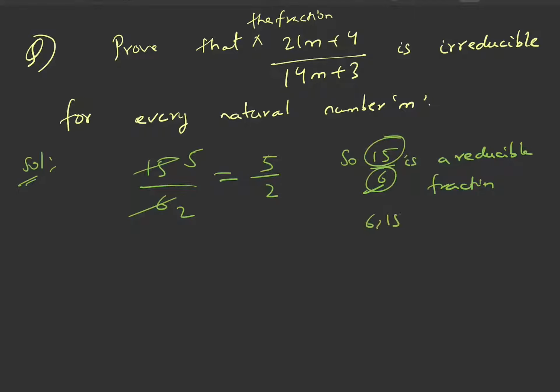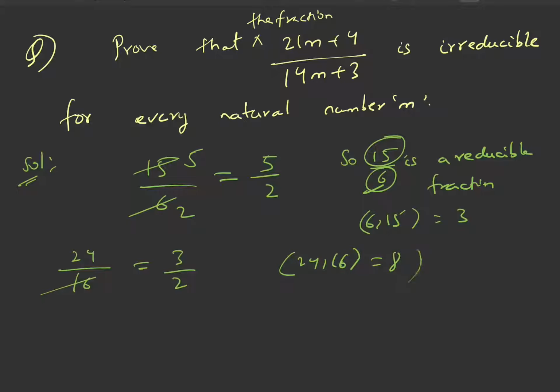That is GCD of 6 and 15. This is 3. That's why this is reducible. For example, if I take say 24 by 16, then you can write it as 3 by 2, because GCD of 24 and 16 is 8. So you can take 8 common and you can cancel 8 from both the numerator and denominator, right?